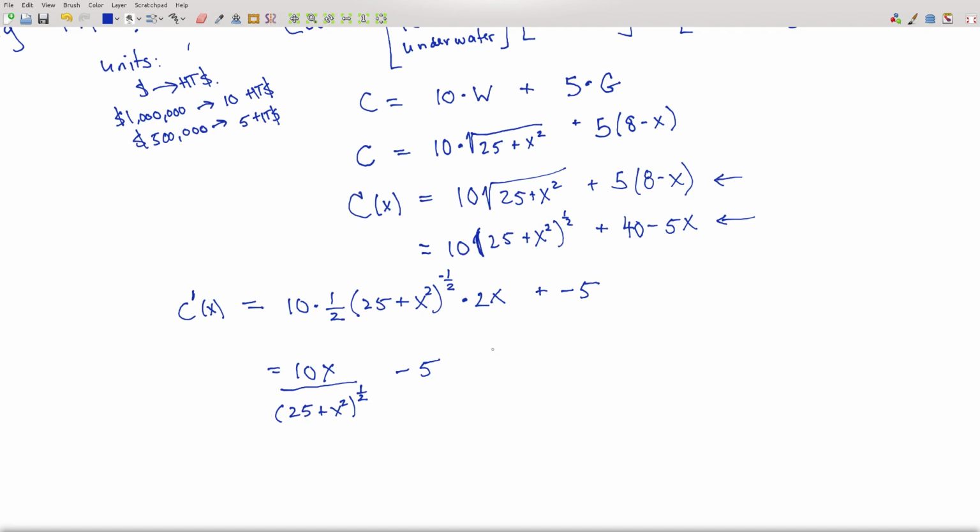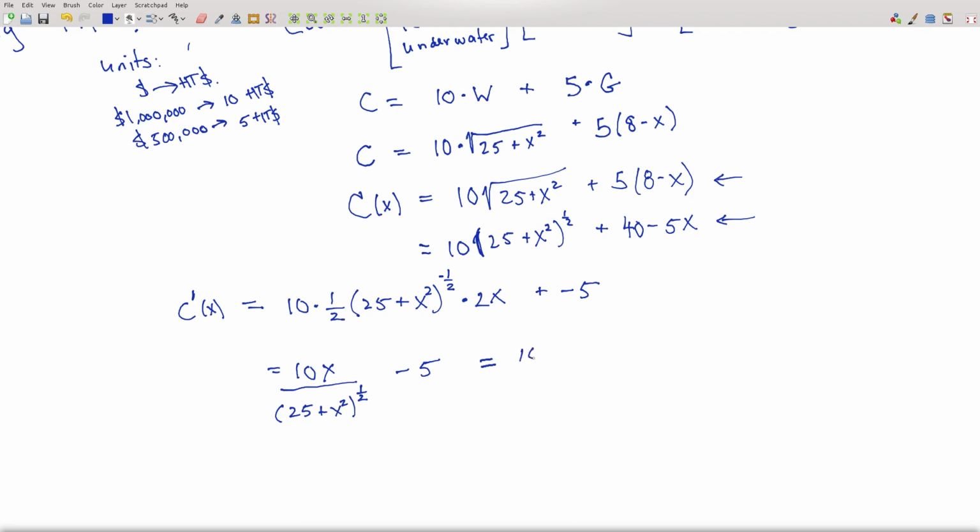But think about the things we would like to do with this derivative. We'd like to find its critical numbers so we can find where the maximums and minimums are. So in order to find the critical numbers, it'll be better to keep simplifying a little bit, try to get a common denominator.